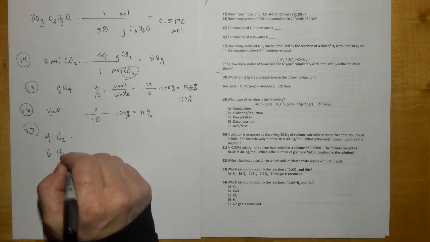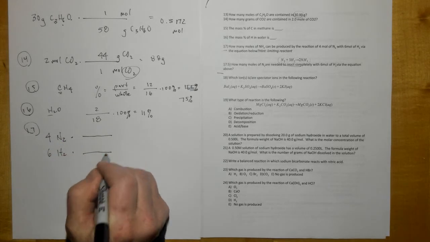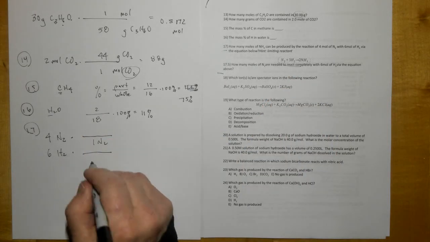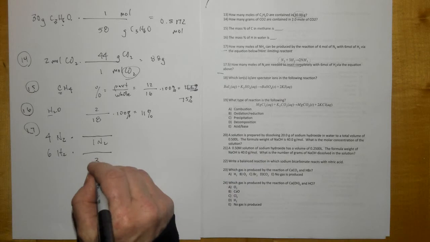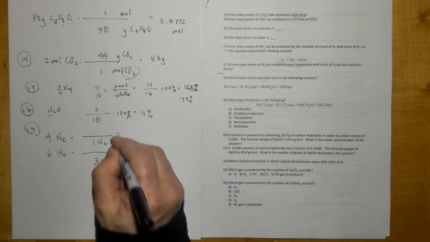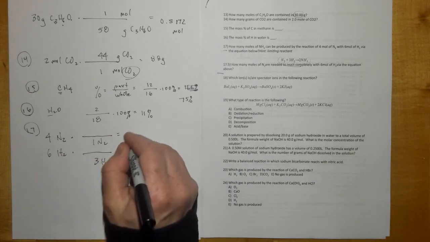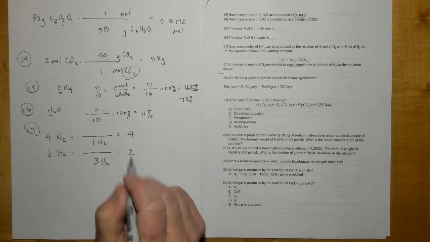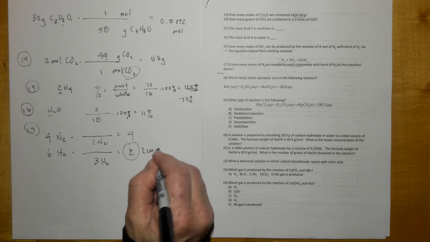And then to find out the limiter, remember we have to divide by the coefficient. And so for N2, it's 1. And for H2, it's 3. And then what we want to see is which one's the smallest. So this, of course, would end up being 4, and this would end up being 6 divided by 3 is 2. So this one limits.